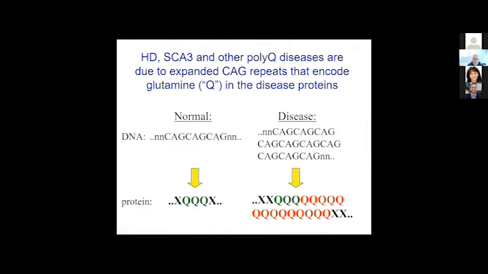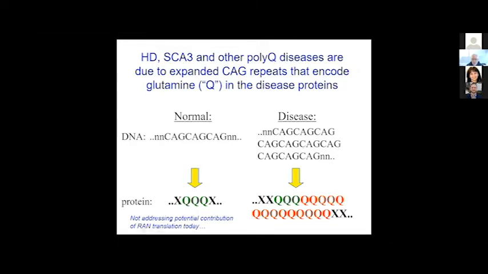And again, they encode in the normal proteins a stretch of glutamine. And in the disease situation with the CAG expansion, they encode an enlarged stretch of glutamine. I'm not addressing at all the potential contribution of RAN translation, repeat associated non-methionine translation, which can occur in CG-rich expansions where there can be, if you will, different frame, non-methionine driven expressions.